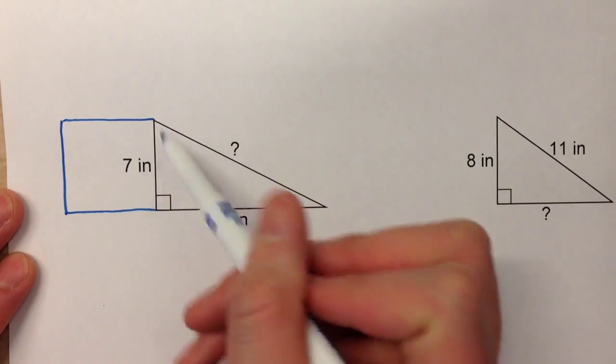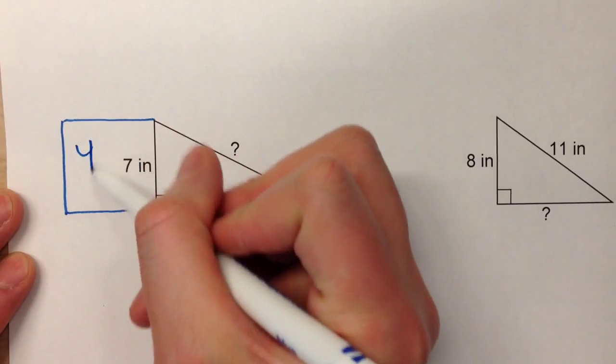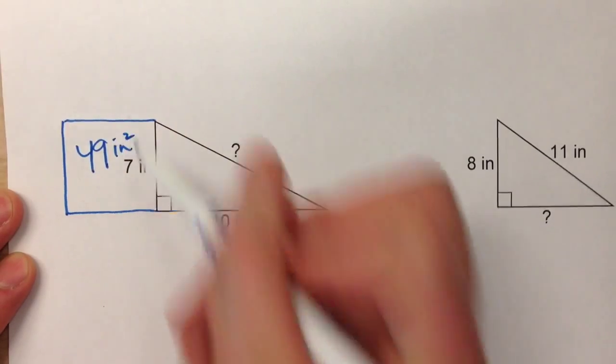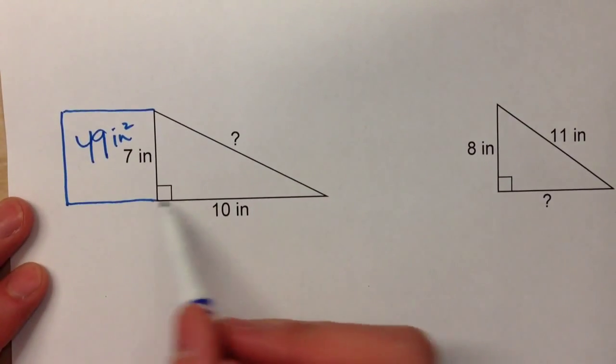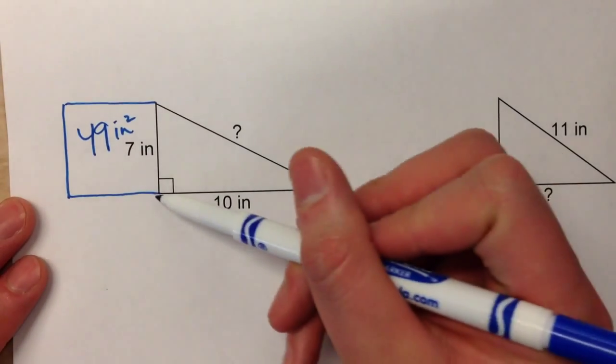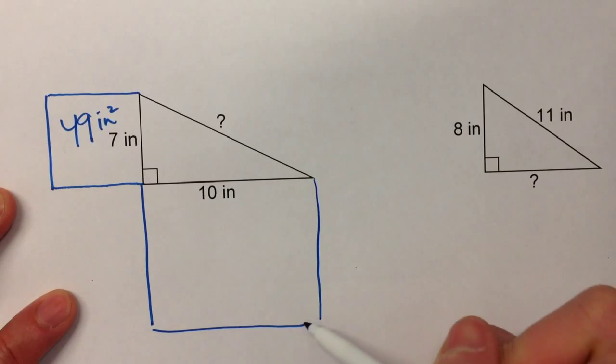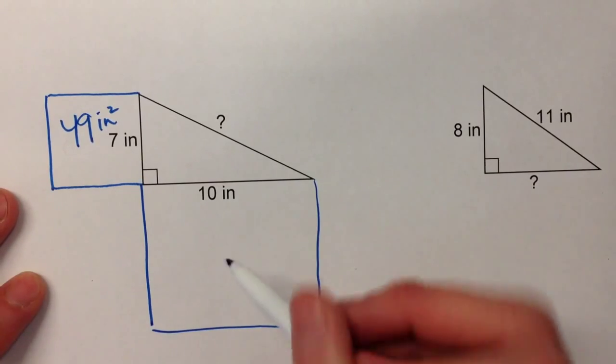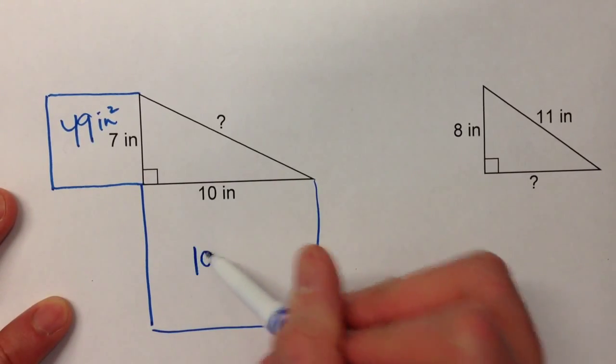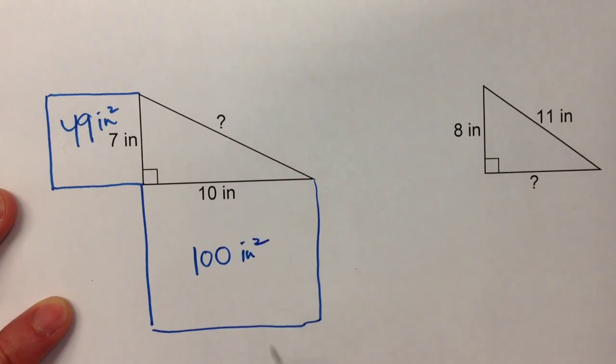Since this side's 7 and this is a square, this area must be 49 square inches. Similarly, this side is 10 inches, so if I draw a square on the side of it, the area of the square is 10 times 10, 100 square inches.